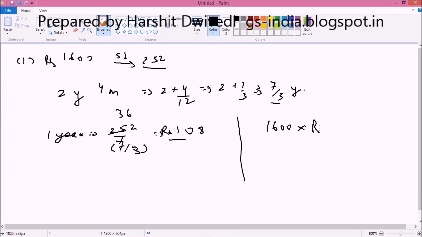Okay, this is our question. And time period, this 108 is the amount for 1 year, so I will directly write here 1 divided by 100 is equals to 108. We are going to solve this. It will become 108 into 100 upon 1600.